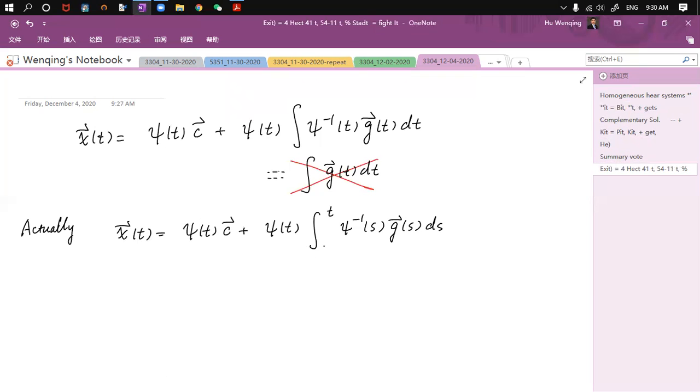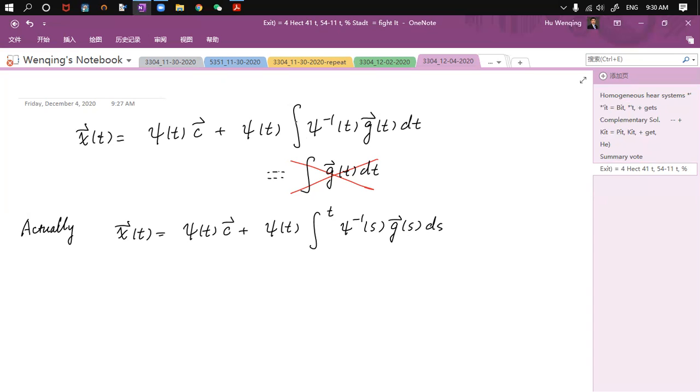That's why we never wrote the starting point of the integral. So that would be more precise. The t agrees with the upper integration bound, and inside the integral, you're integrating something in terms of s. So this formula is not exactly right, but it's useful because you can just calculate the integral first.